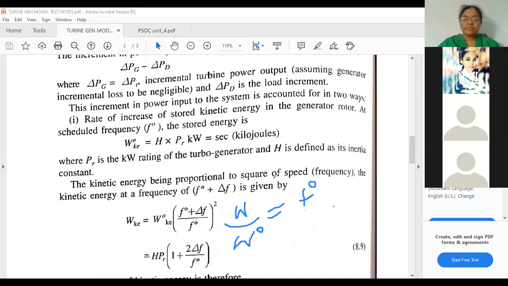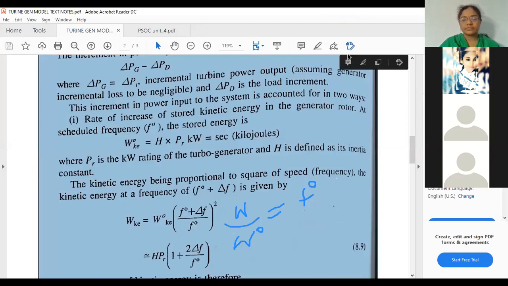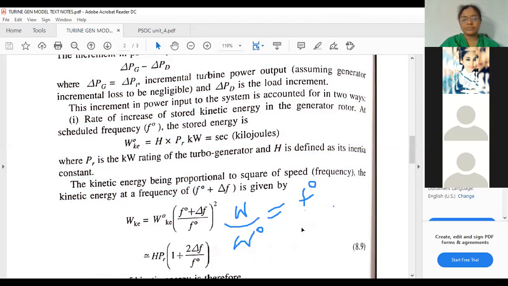Okay, so it is directly proportional. We are not getting the connection.